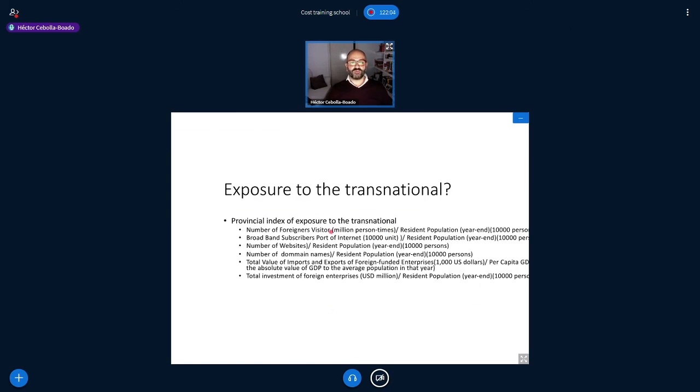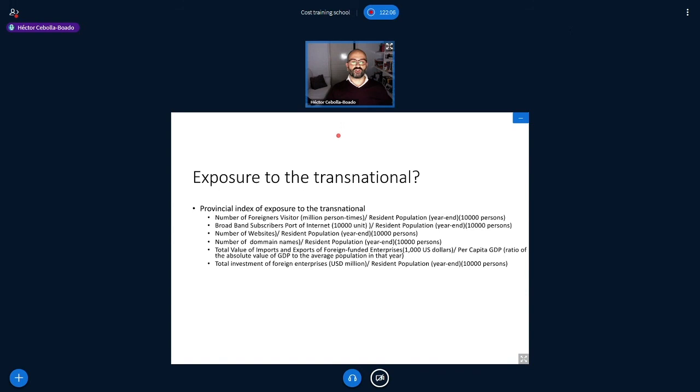In this paper, what we did was measure the exposure to the transnational, gathering data on how different provinces in China are in terms of the number of foreign visitors they get, the number of broadband subscribers to the internet, the number of websites based in the region, the total value of imports and exports in international trade, and the total direct investment from foreign enterprises.